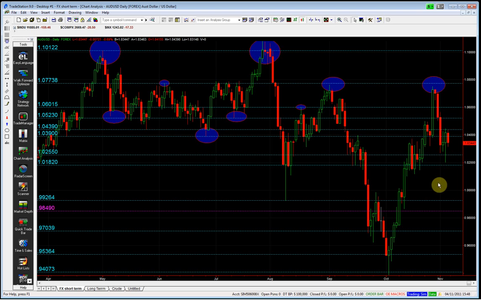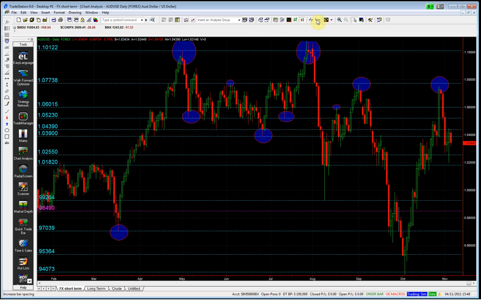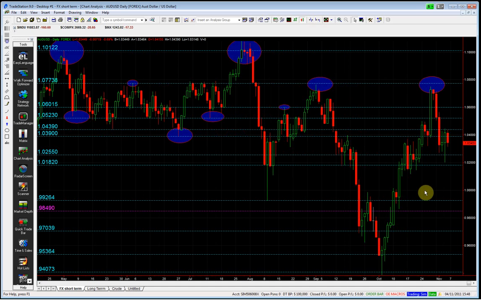Now from here, if you're going to take a bigger level and you want to be more patient, your structural short is going to be the 101.82. What you want to see is the market certainly, first of all, hold below the 103.90.